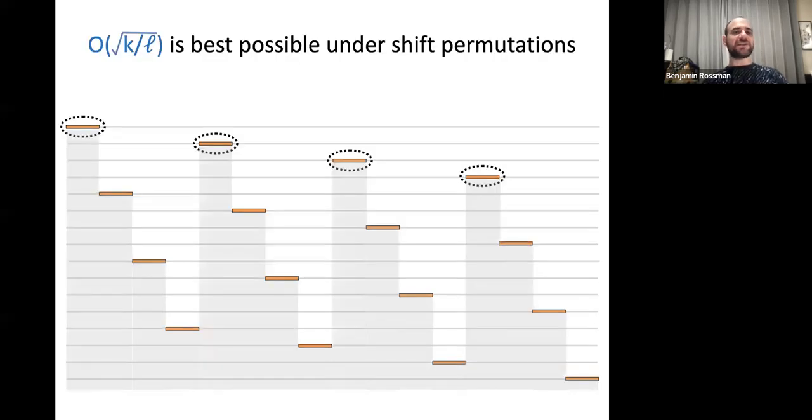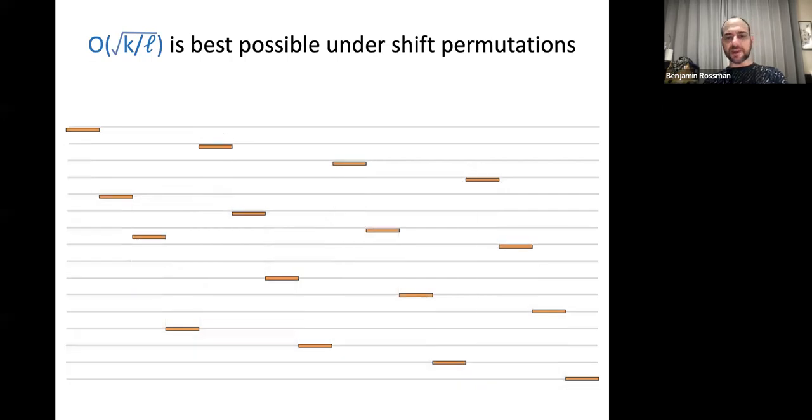And it turns out that this is actually right. I didn't state it yet, but you can always achieve omega of square root k over L. That's the theorem, and it turns out that this is the best possible, as this example shows. Here we have 16 unit length intervals and a score of 4.